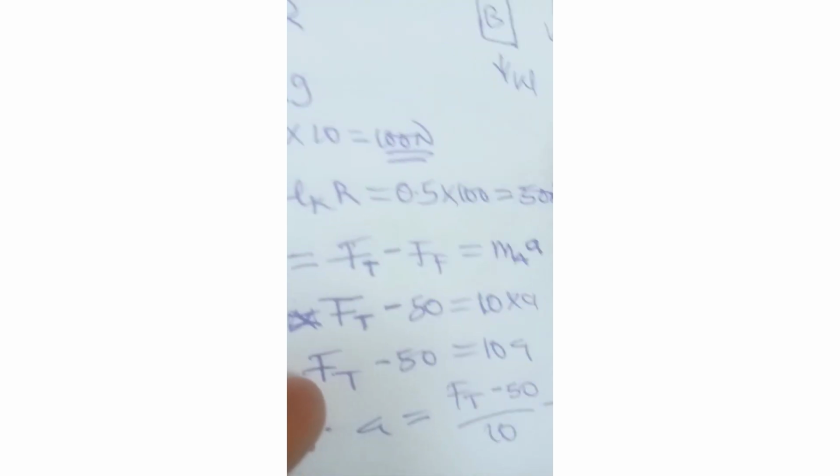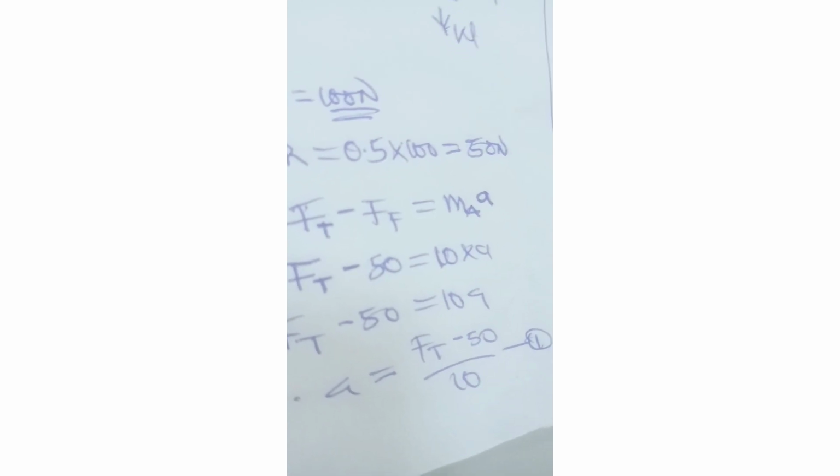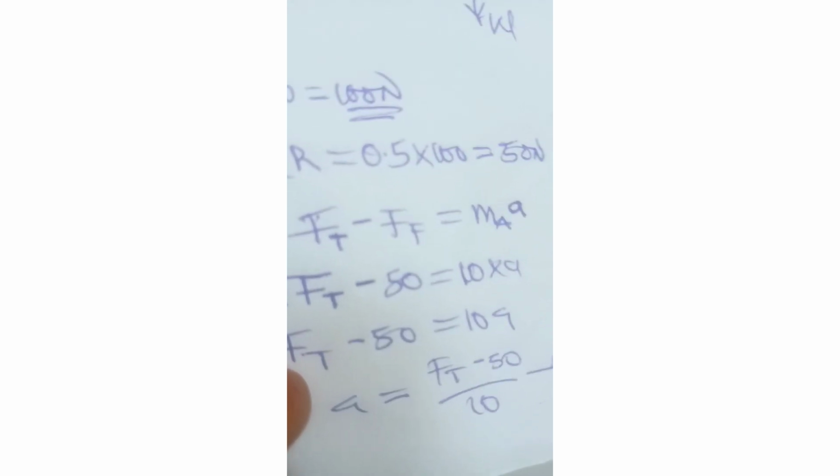If I pick the other, it's still going to give me the same answer. So let's pick this. Therefore we have A from 1 equal to FT minus 50 over 10.